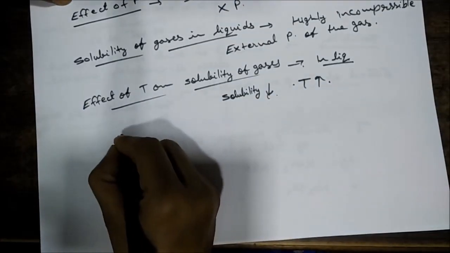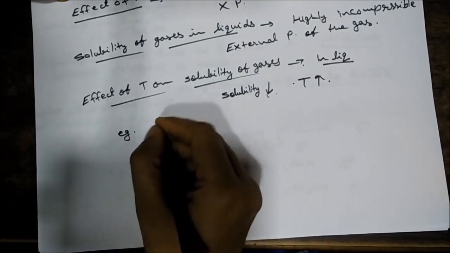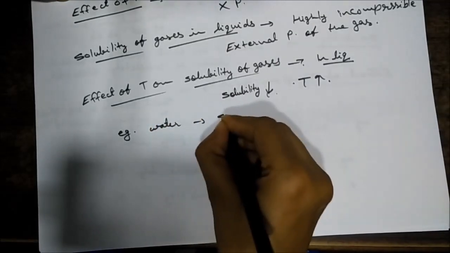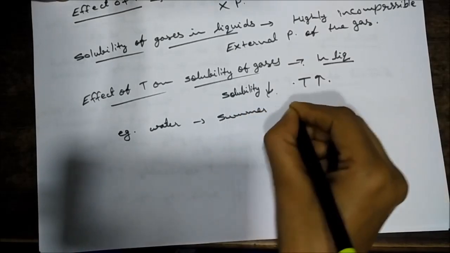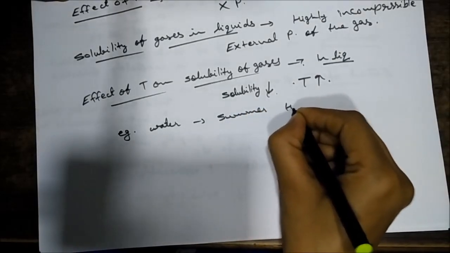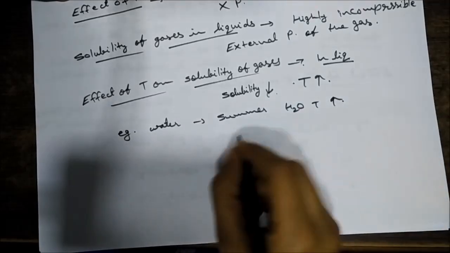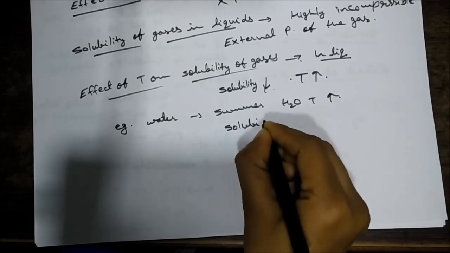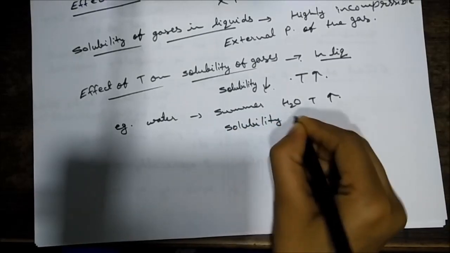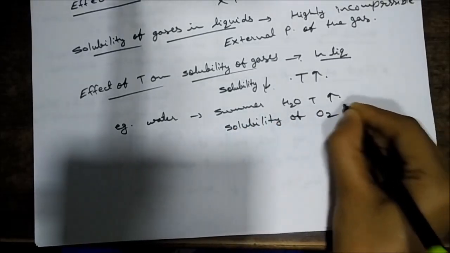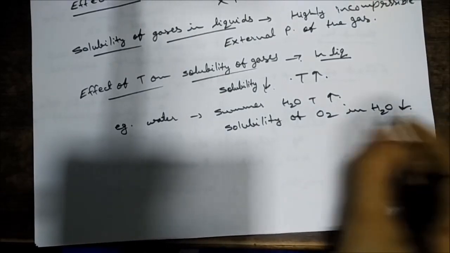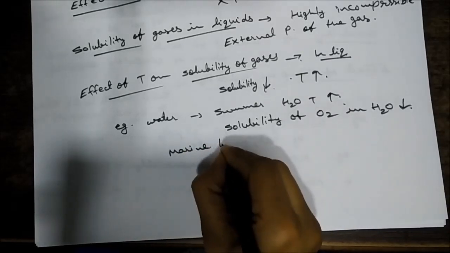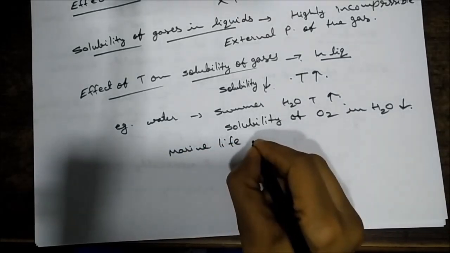An example is, as we see in water, in summers the temperature of water increases, so the solubility of oxygen in water decreases, so the marine life is disturbed with this phenomenon.